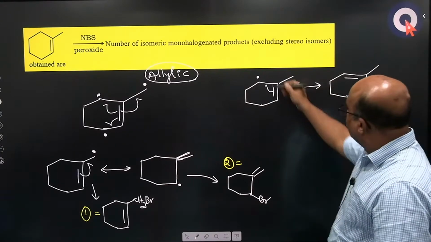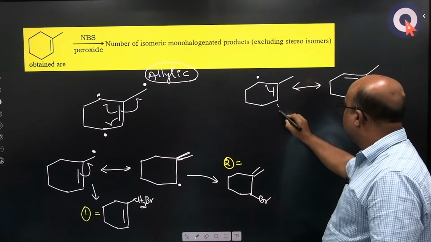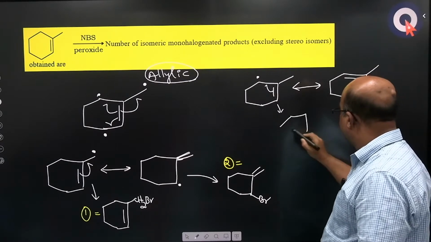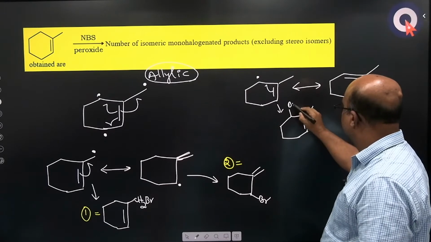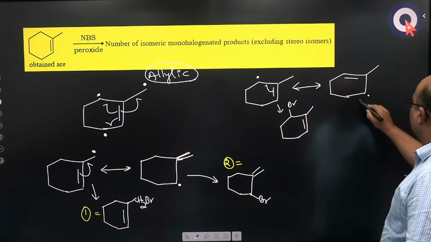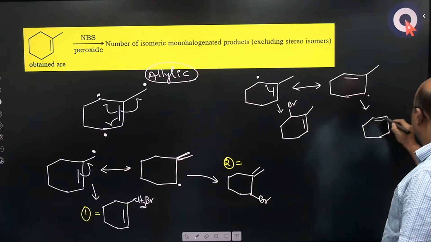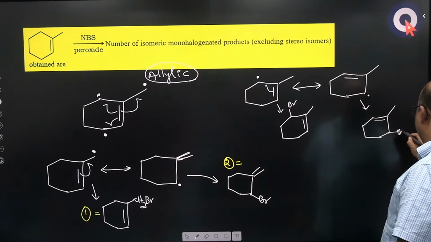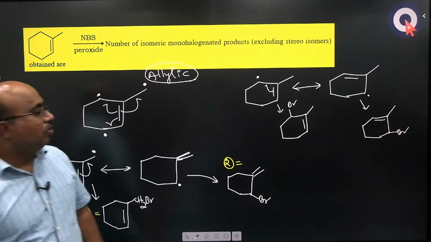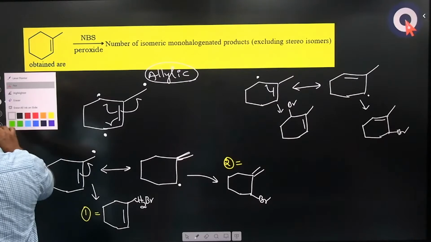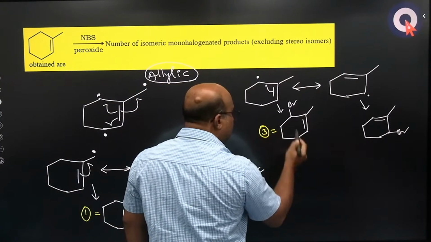So this is converted to the halogenated product. Okay, done. Let us take these compounds as 3 and 4. So this is 3, this is 4.